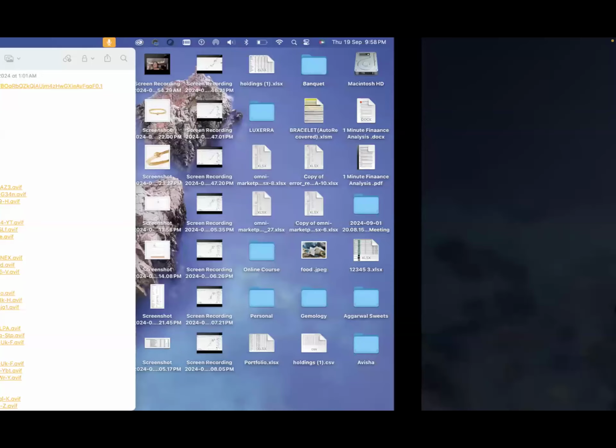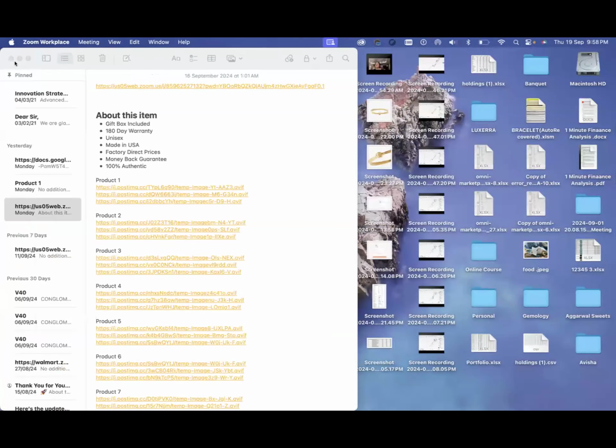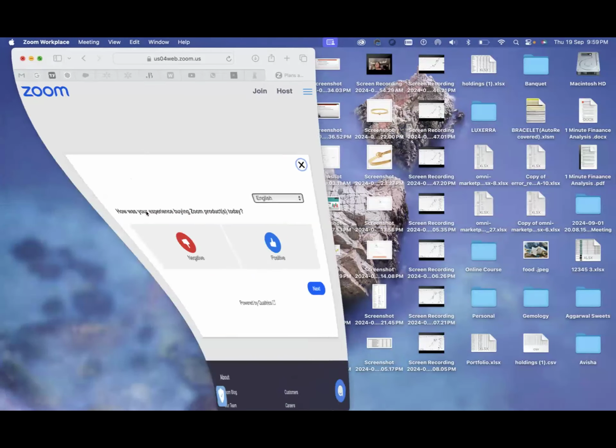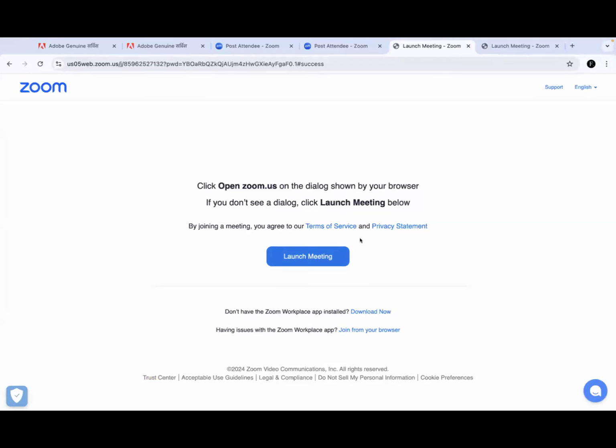It's echoing. Now, are you able to see the screen properly? Yes. Okay. Yeah, now we can see.